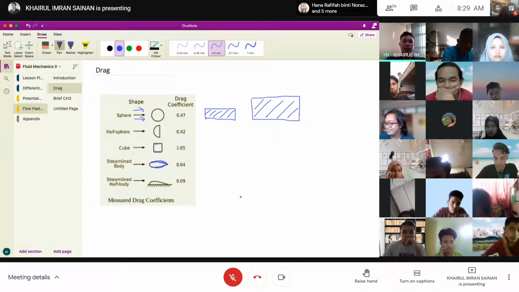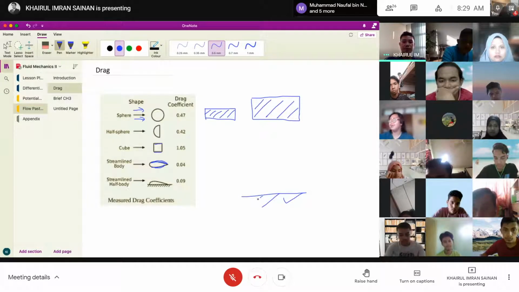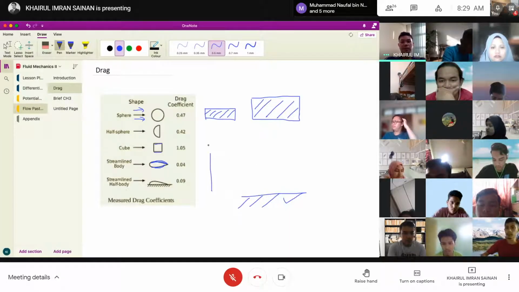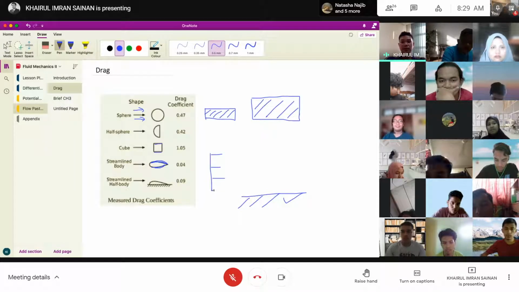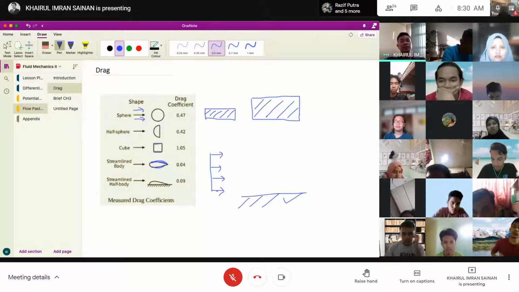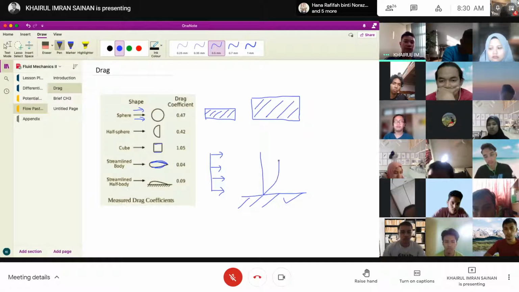So we have something like this, and your free stream velocity is this one, which is 10 meters per second, for example, or 0.1 meters per second. But when it is on top of a flat plate, it will look something like that, right?